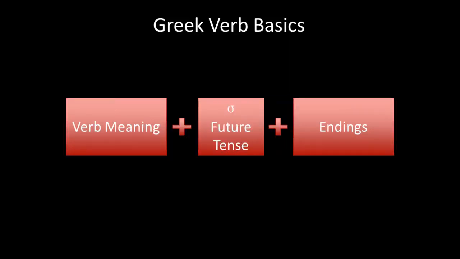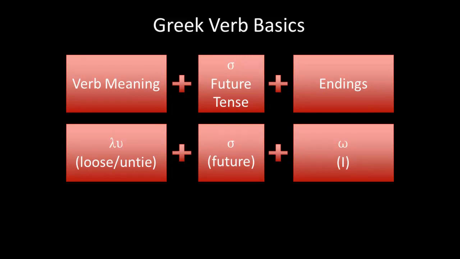The new thing about this lesson is that there is a signal for the future tense that will show up right between that little component that has the verb meaning and the component that has the endings. So this key is a sigma. The sigma is a great key of the future tense. It shows up right after the part that has the verb meaning and right before the part that has the endings.